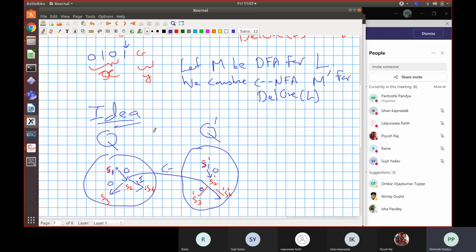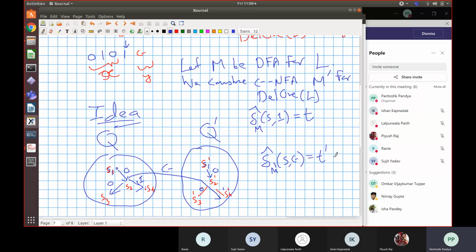So my M prime will have the set of states Q union Q prime. Q will be a copy of the original automaton M. Q prime will be a copy of the original automaton M. And additionally, wherever I had delta of any state S on a 1 in my original automaton M taking me to a state T, in my new automaton I will also add this additional transition: delta of M prime, S on an epsilon, I will go to T prime.